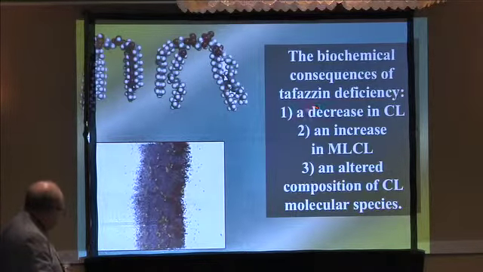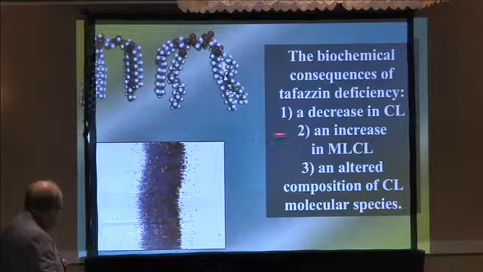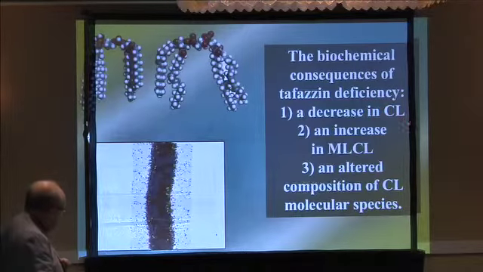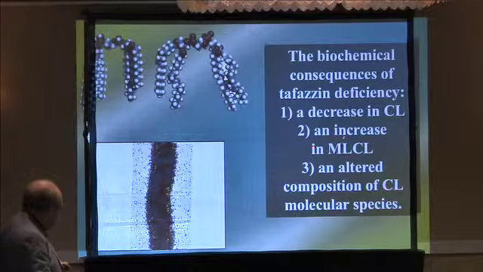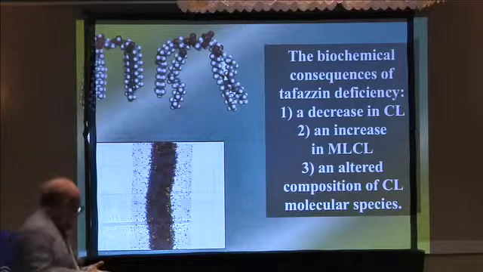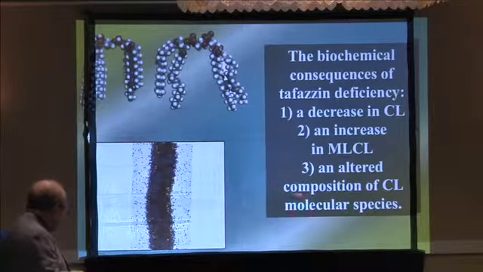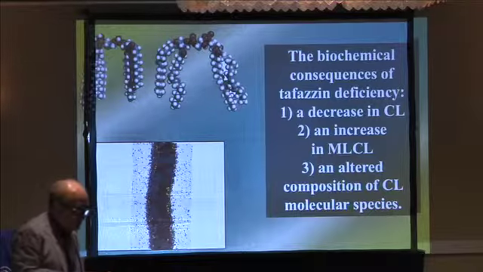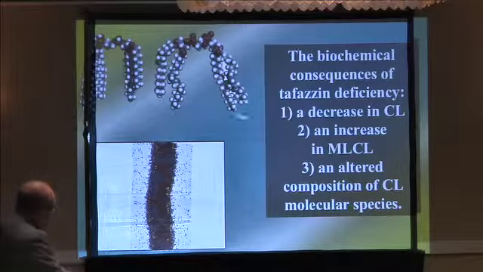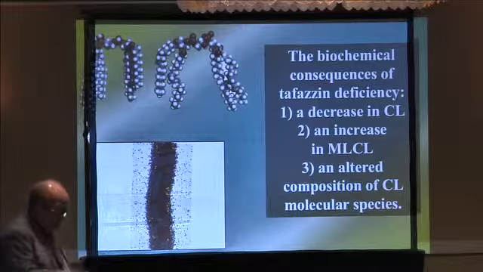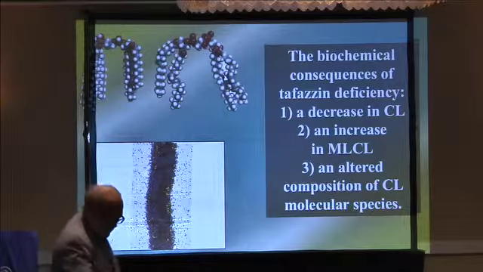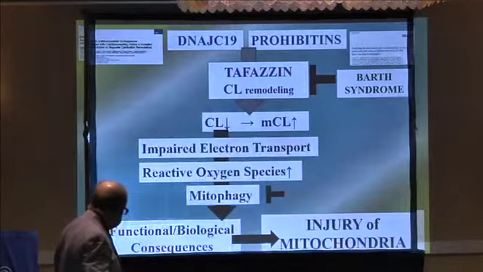So now we also know the major biochemical consequences of tafazzin deficiency; there are three of them. A decrease in the content of intact cardiolipin, an increased level of monolysocardiolipin, and also an altered composition of cardiolipin molecular species. So which of these three is really what leads to mitochondrial impairments and damage?